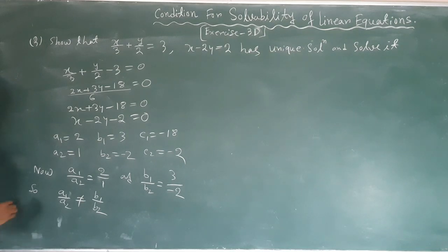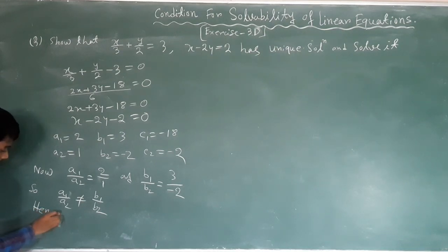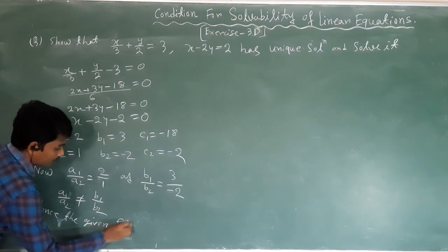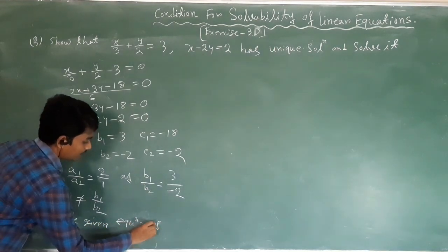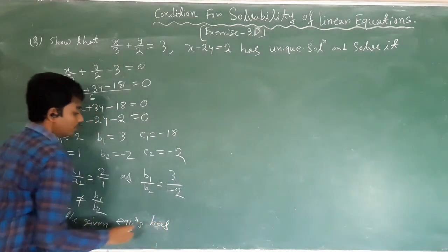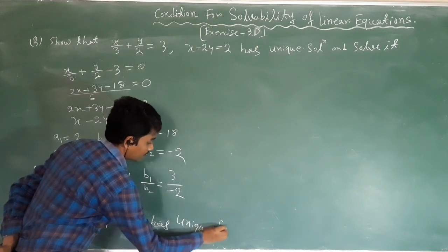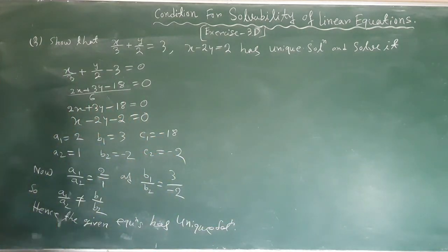So hence the given equation has unique solution, from the condition for unique solution. We know that if a1 upon a2 is not equal to b1 upon b2, then the given system of equation has unique solution.